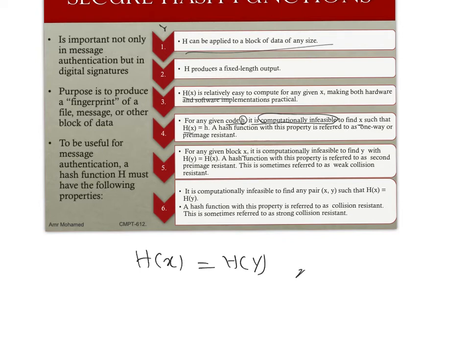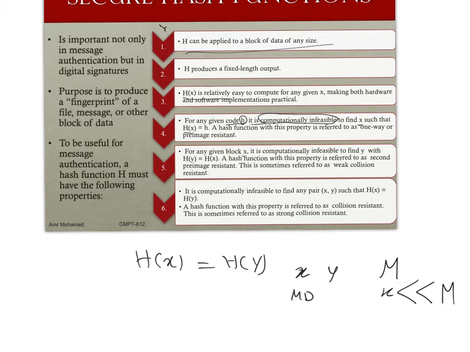So x and y have a length of, let's say, m. The message digest has a length of k, which should be much less than m.